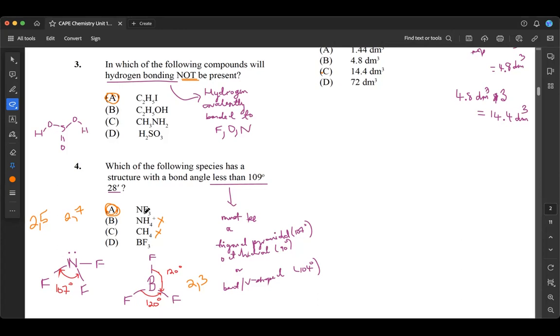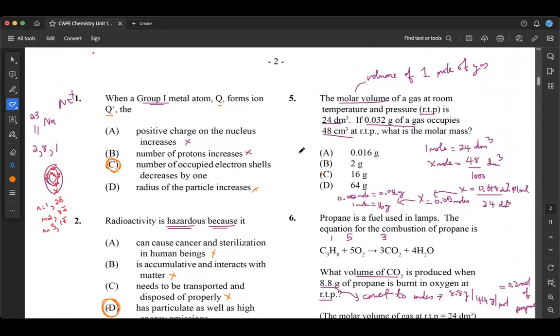All right, so moving along now to question 5. Question 5 says the molar volume of a gas at room temperature and pressure, so RTP, is 24 dm cubed. If 0.032 grams of a gas occupies 48 centimeter cube at RTP, what is the molar mass?